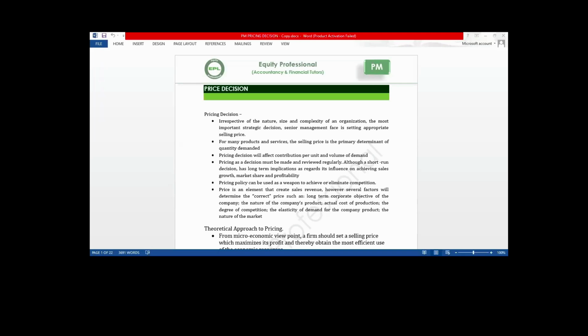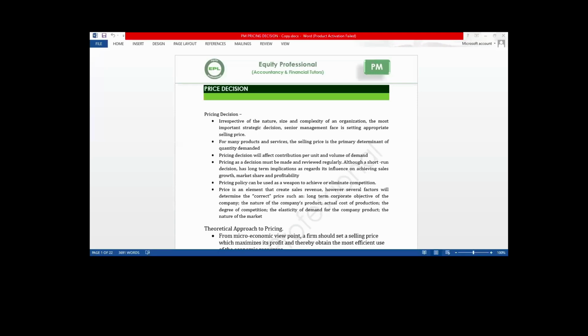Regardless of the nature of the company's business, the size of a company, the complexity of a business organization, the selling price or pricing is one of the most sensitive decisions that senior management must make.